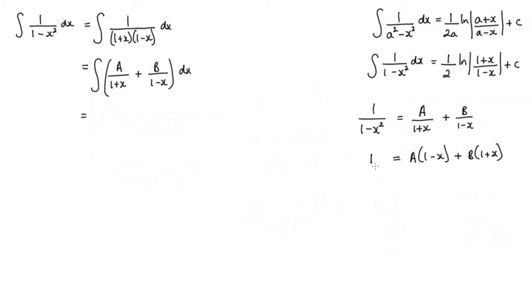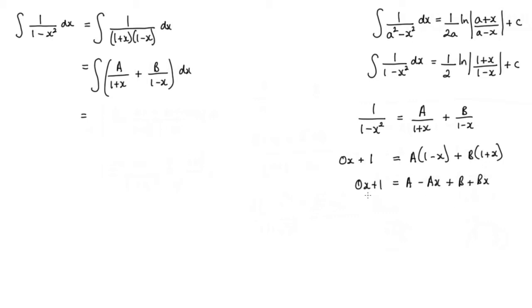Now if I compare the coefficients of the x term and the constant, on the left-hand side I don't have an x term. In fact, it would be 0x plus the 1. So if I expand these brackets, I can see that 0x plus 1 is equal to a minus ax, so I've just expanded this bracket, plus b plus bx.